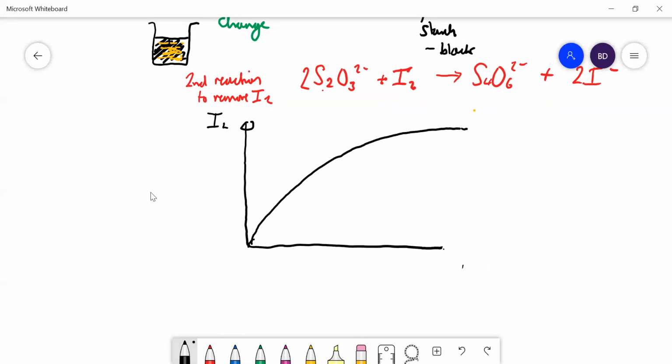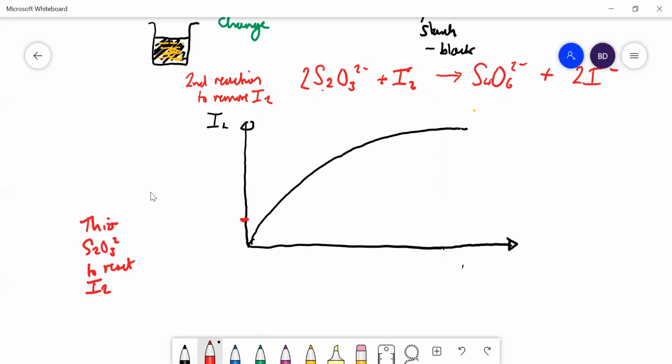And right, we're going to put a bit of thiosulfate in there. We're going to put enough thiosulfate in to destroy this much iodine, little red mark there. So there's enough S2O3 2- to react with, destroy sounds a bit dramatic, to react with the first bit of iodine.